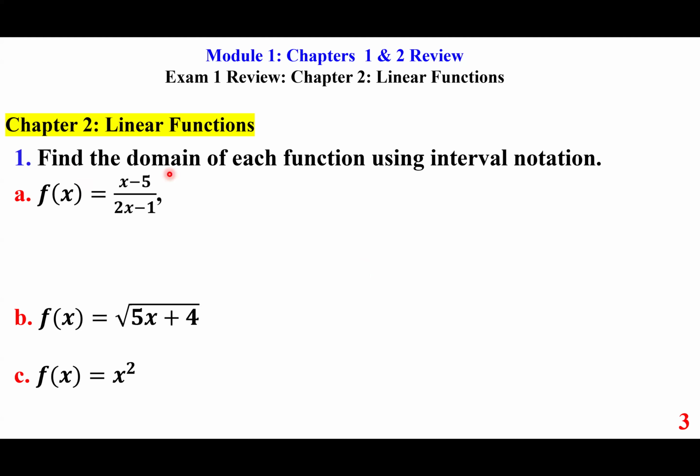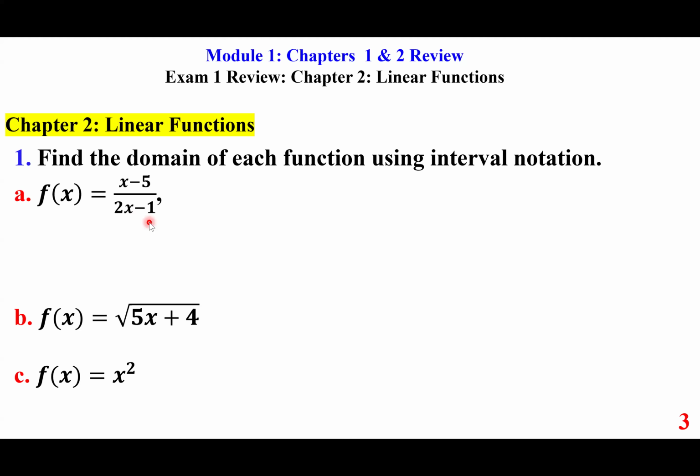We want to find the domain of each function using interval notation. Whenever you have a rational function, in order to find the domain, you set the denominator equal to 0 and you exclude it. It's that simple.